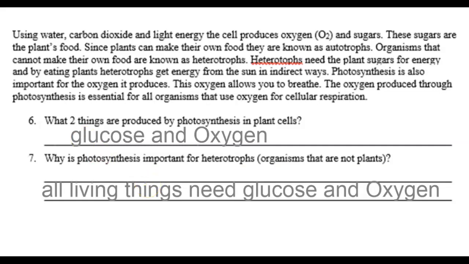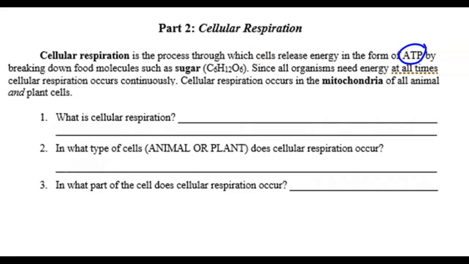So let's talk about how living things produce that valuable energy. On the back of your paper, we'll talk about cellular respiration. Cellular respiration is the process through which cells release energy in the form of ATP. That's a molecule that acts like a battery to store energy, by breaking down food molecules such as sugar, or glucose we call it.